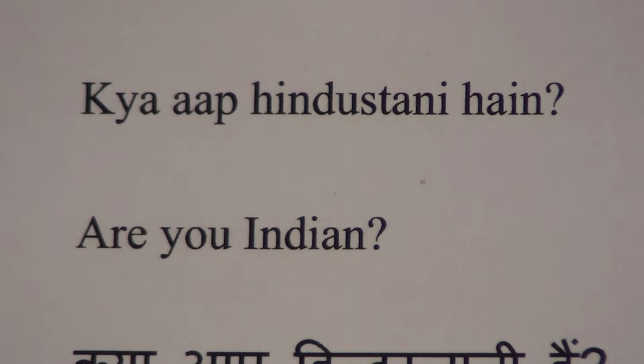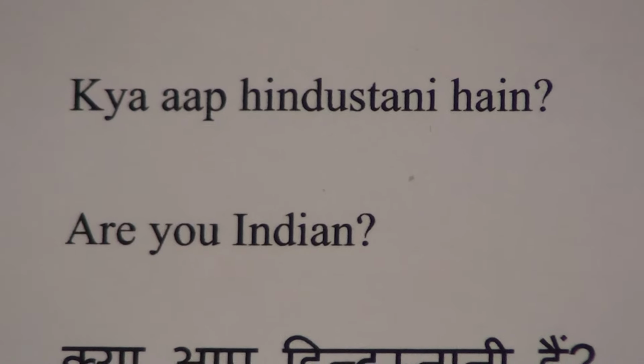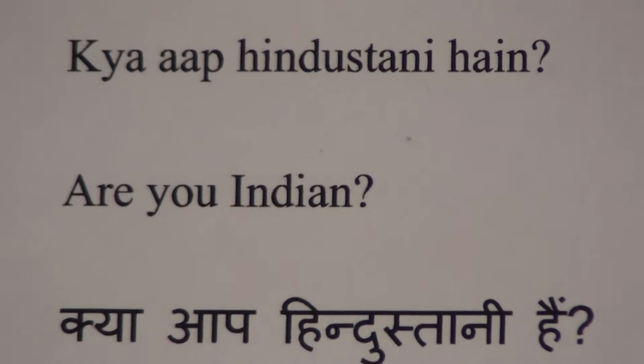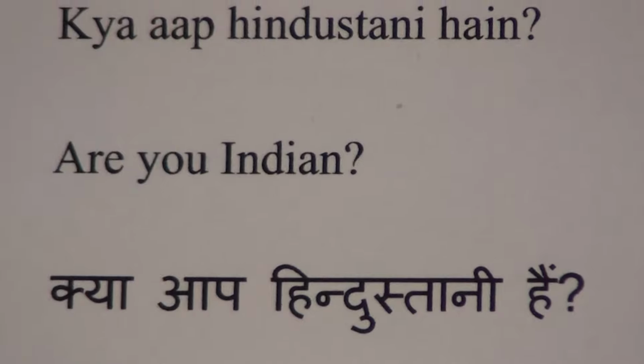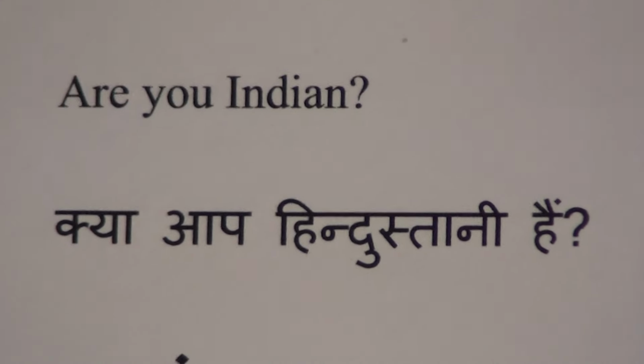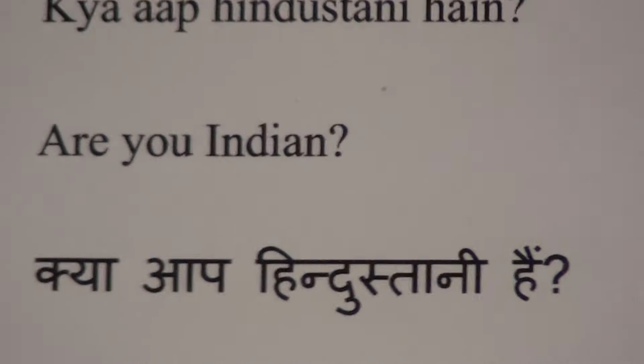Where in an English sentence we use an auxiliary verb at the beginning of the sentence to make it interrogative, in Hindustani we use kya at the beginning of the sentence.